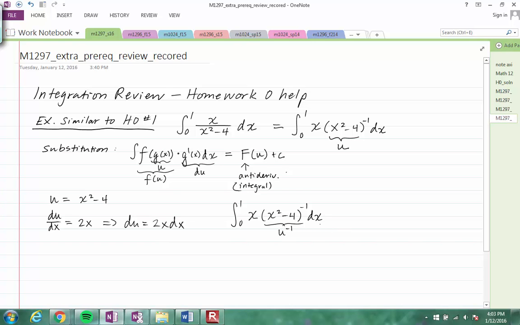It's not always just dx. So if you look at what we have here, we want to make the substitution for dx. That's going to be part of the du. So notice it's right here.